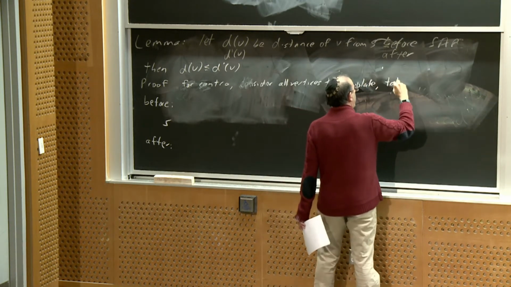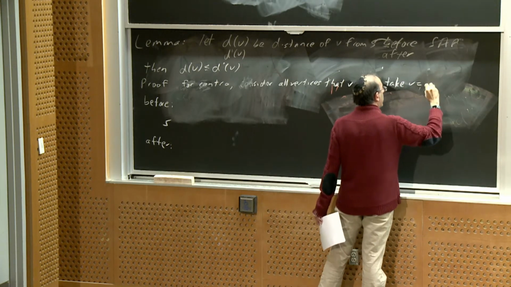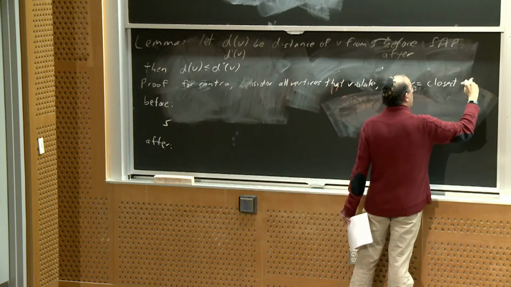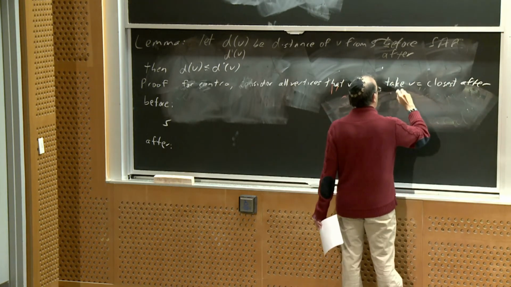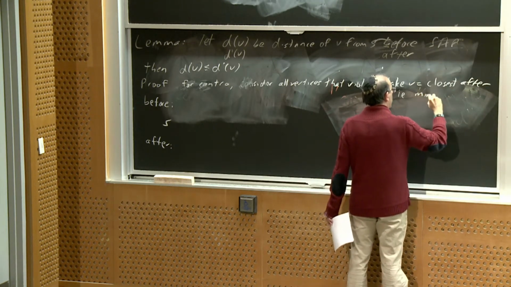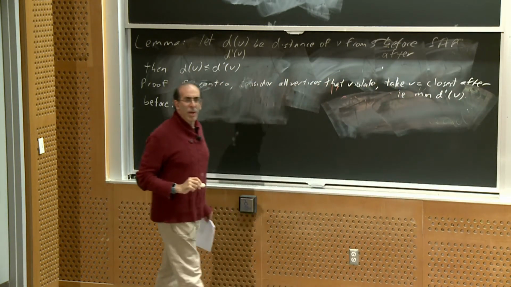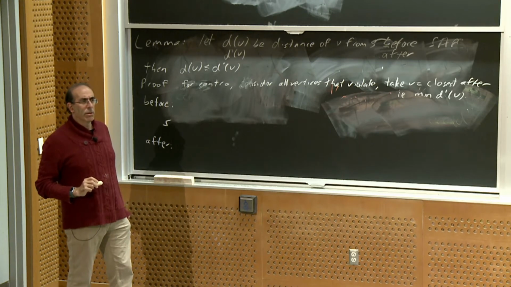And let's take V to be the one that is closest after the augmentation, i.e. it has the minimum d prime of V over all of them. Am I too loud or is this good? It's good?